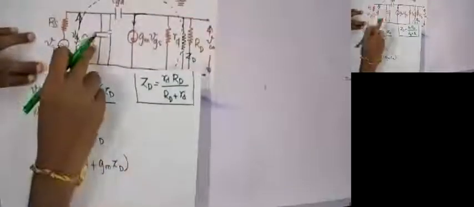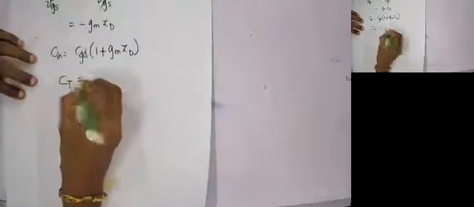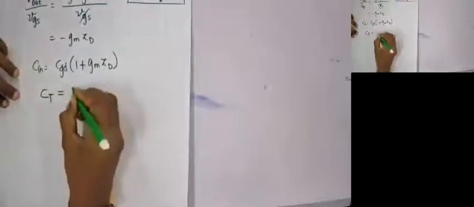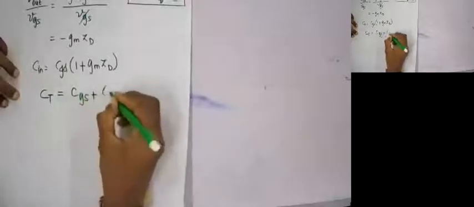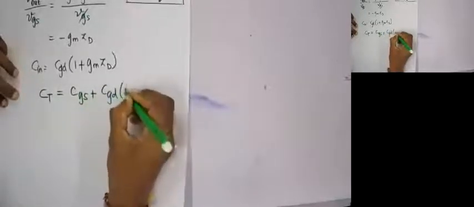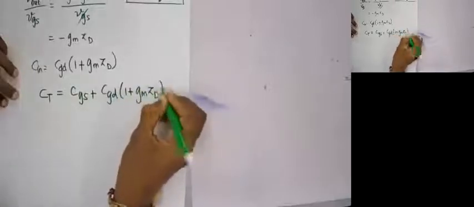Adding CGS, the total capacitance CT is CGS plus CGD into 1 plus GM into ZD.